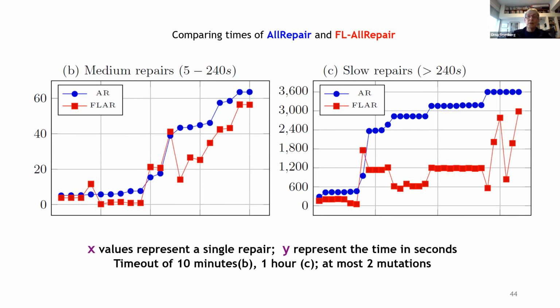And when we compare AllRepair and fault localization AllRepair, we see a significant improvement, and this improvement especially happens when the repairs are slow. They take more than 240 seconds, and here we see that we have a significant improvement, meaning that fault localization indeed pruned the search space, and by that made the whole search more efficient.